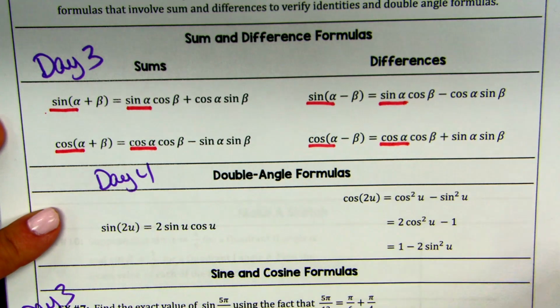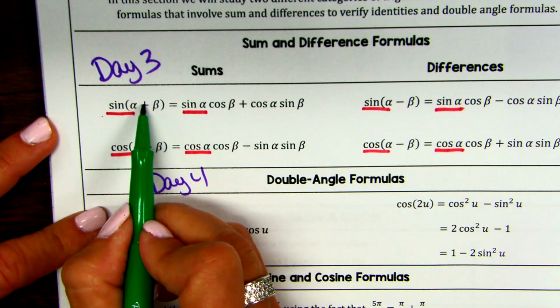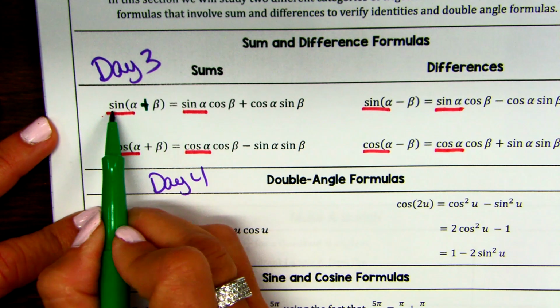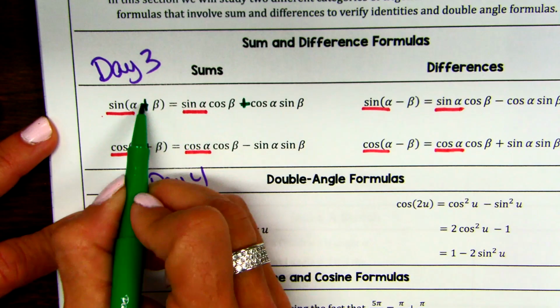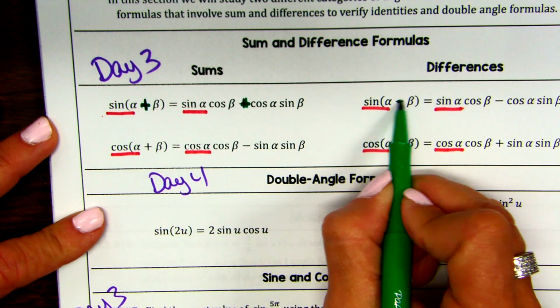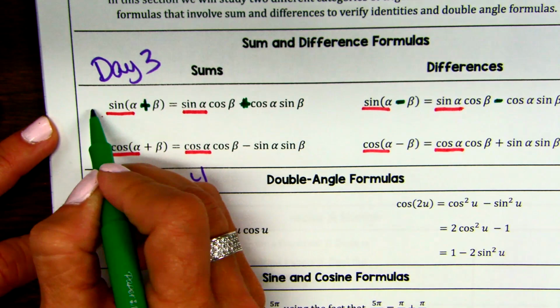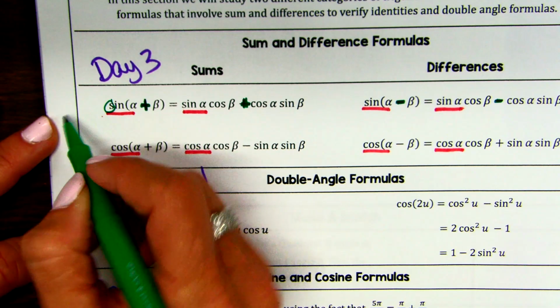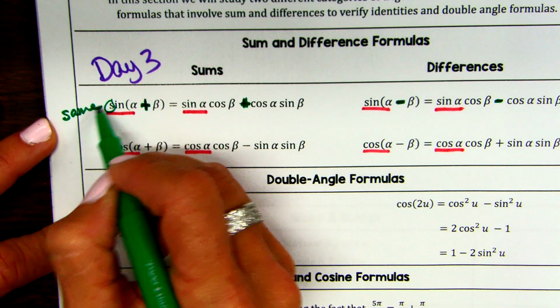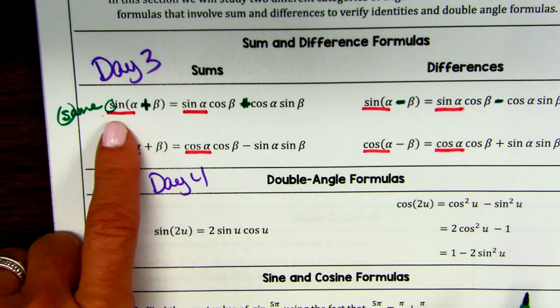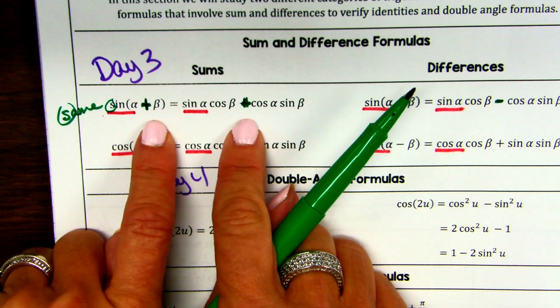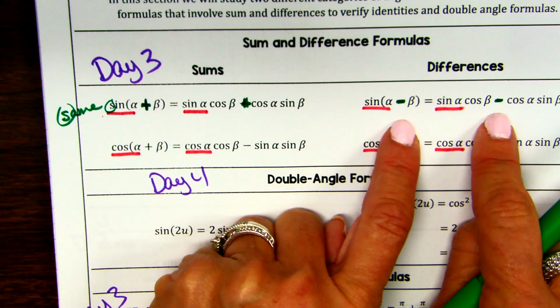Here's some other things that are going to help you. Notice on the sine formulas, the sign stays the same. Plus, plus, minus, minus. The word sine starts with an S, so does same. Okay, so for sine, the signs, S-I-G-N-S, are the same.